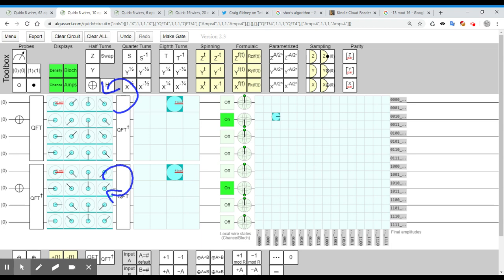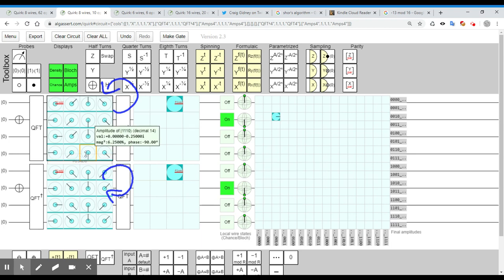Because for example, for phase estimation, for sure, like for Shor's algorithm, it really depends on how you interpret the superposition that's generated by the modular exponentiation part of the algorithm. Because that's going to define whether you should use the QFT or the QFT inverse.